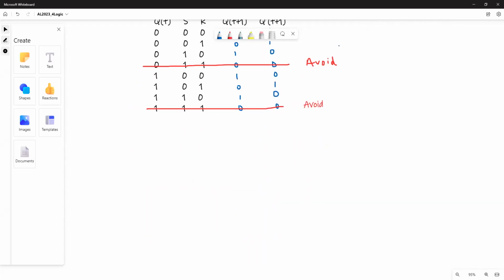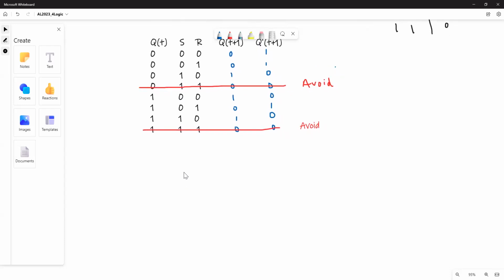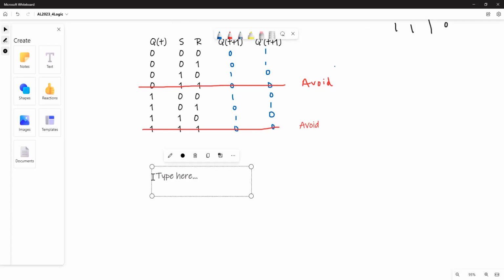Now, to summarize, we can consider only three parts, because in the circuit, what is important here is S, R, and Q, and the output, that is Q t plus 1. This is only what you need to remember about this.